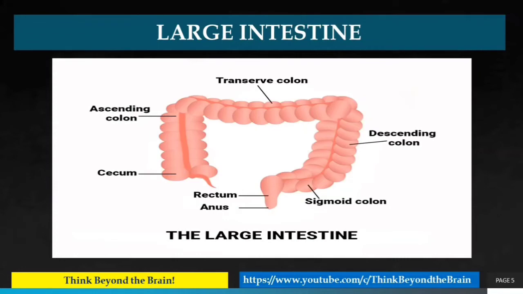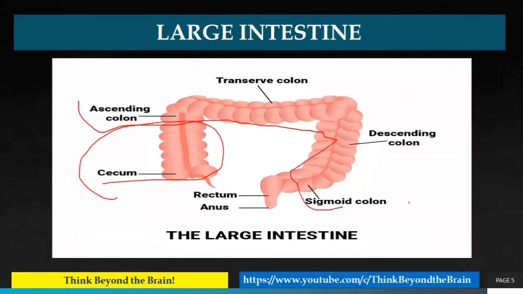The large intestine is also divided into 3 parts. The first is the caecum, which starts where the small intestine joins it. Then comes the colon, which is also divided into parts.